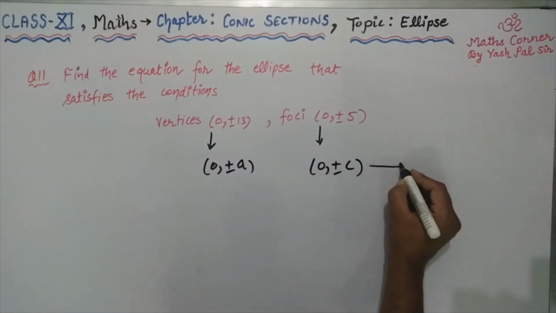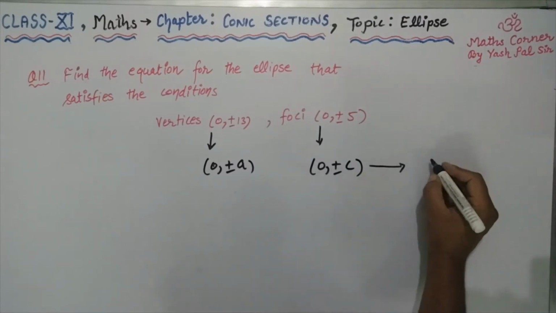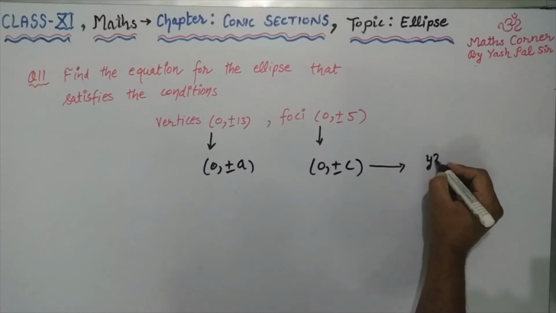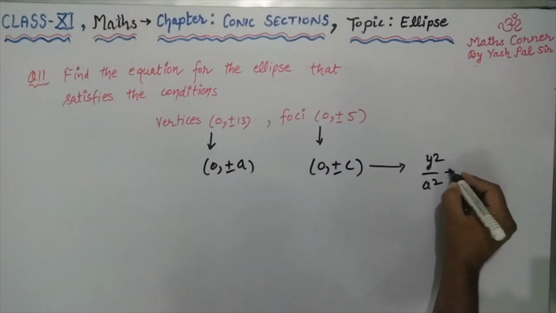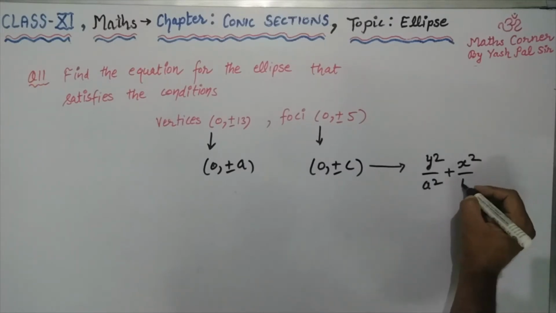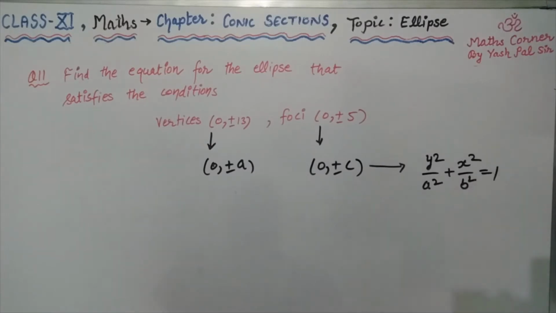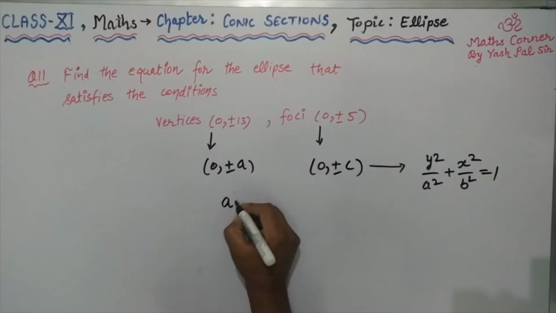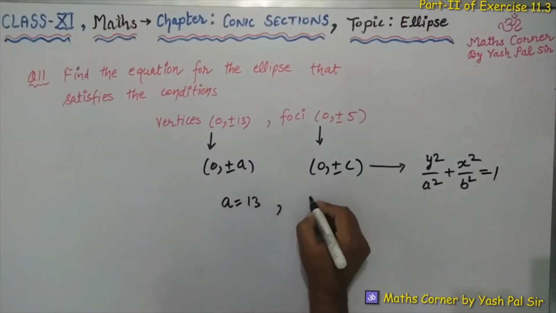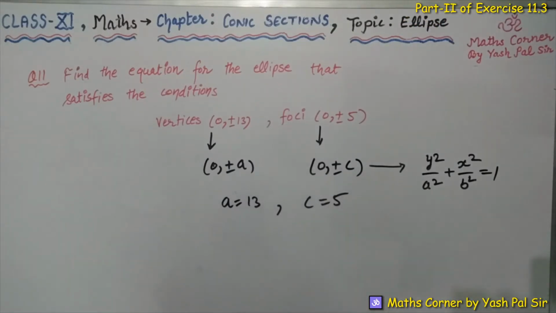So these are the vertices and foci of the ellipse y square upon a square plus x square upon b square is equal to 1. So from here we say a is equal to 13 and c is equal to 5.